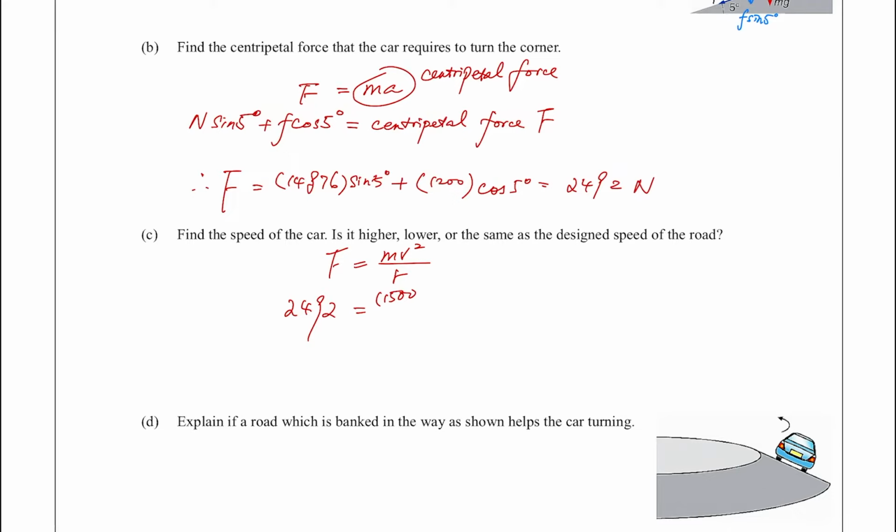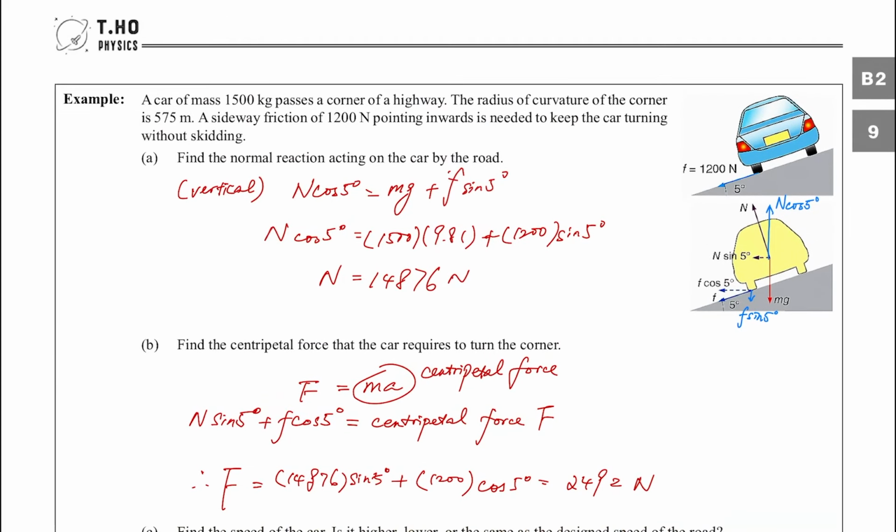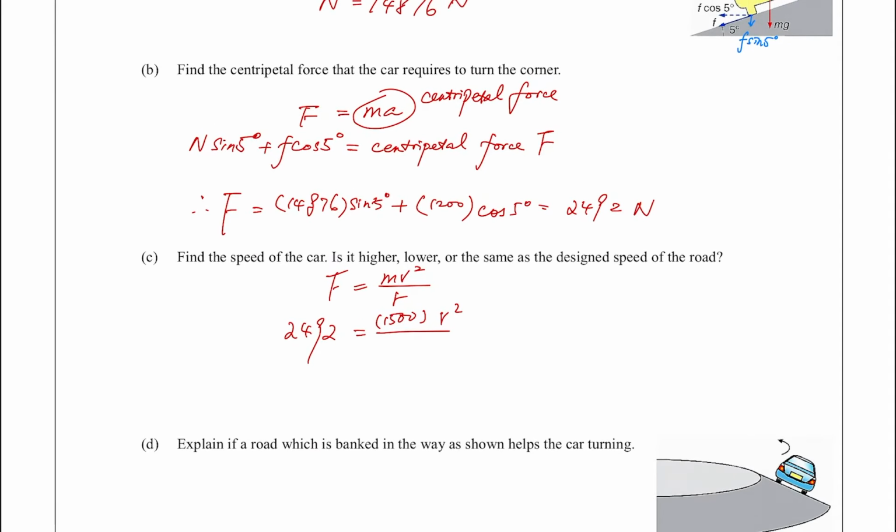Mass is 1500. V is what we want to find. The radius of curvature is 575. So, solving this, V is equal to 30.91 meter per second.